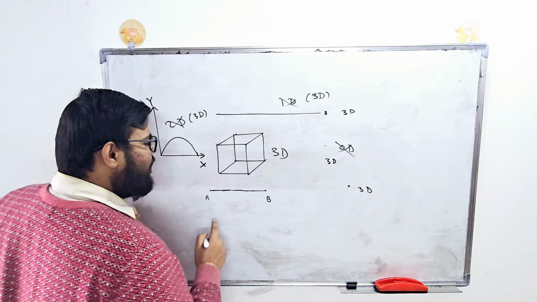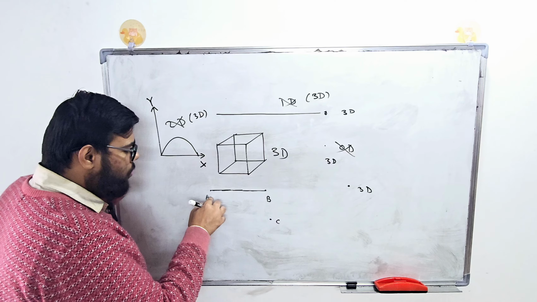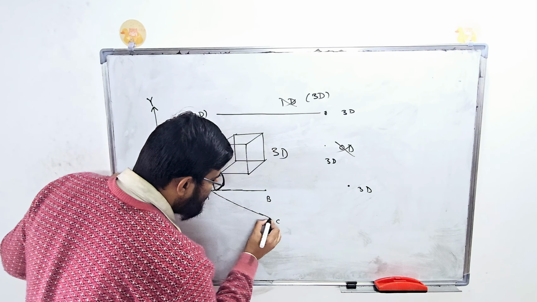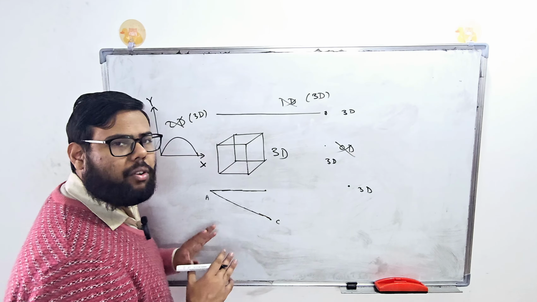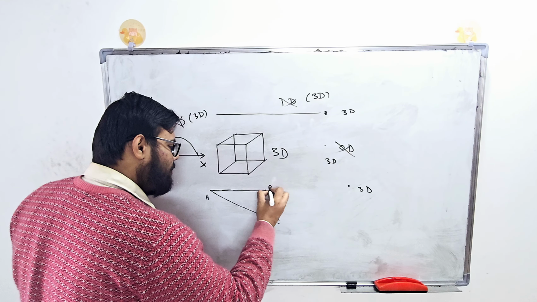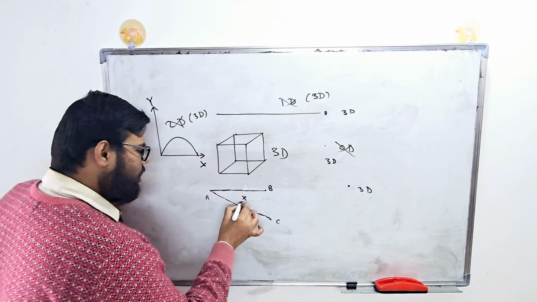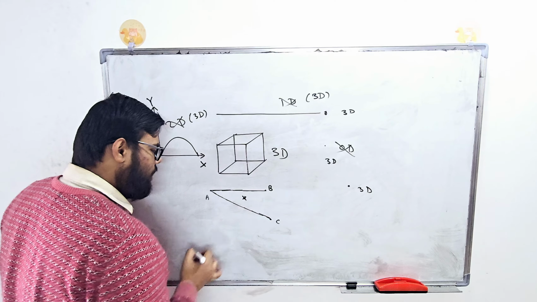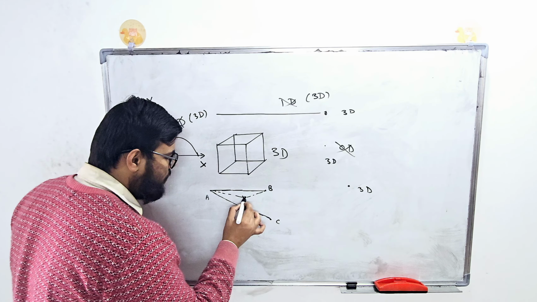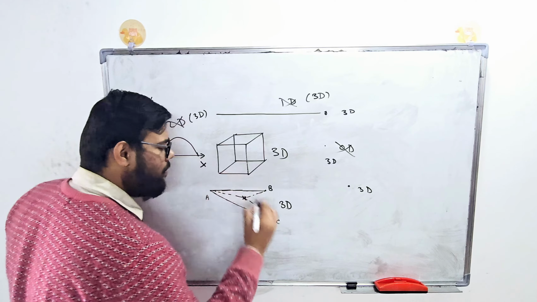Okay, and suppose there is another location C over here. So from A to C, if you draw a line, you have drawn something which is two dimensional, and if you go outside this plane and you draw a dot over here, and if you try to connect them, then it is three dimensional.